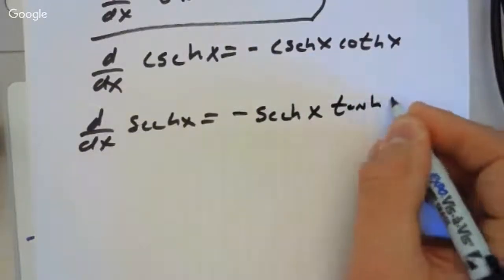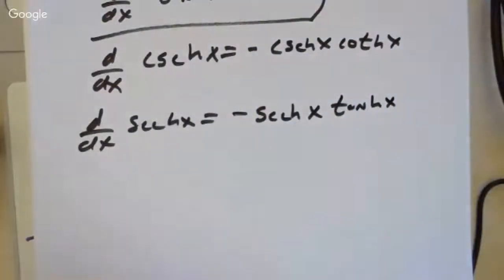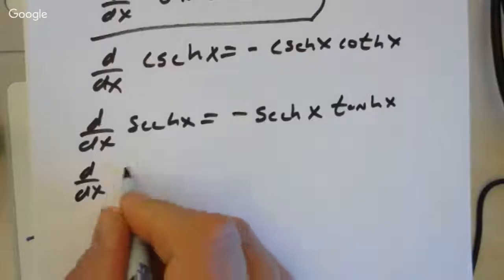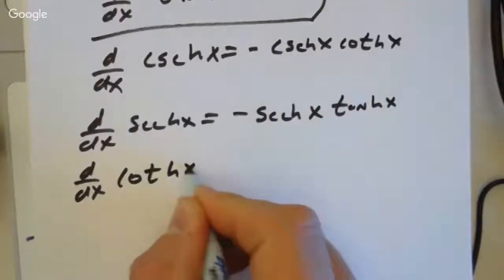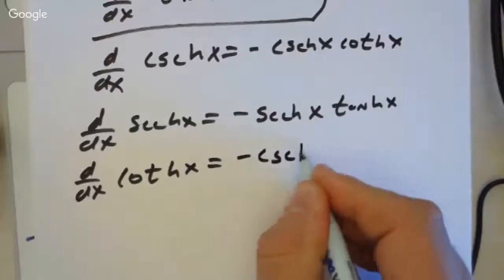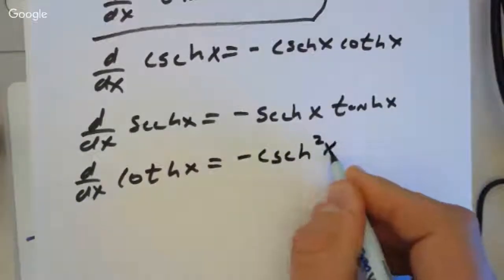You do not need to memorize those, but there's questions on your homework tonight that have this. And this really isn't anything more than me giving it to you to once again practice those chain rule problems. And the last one, the derivative of cotangent hyperbolic is equal to negative cosecant hyperbolic squared of x.